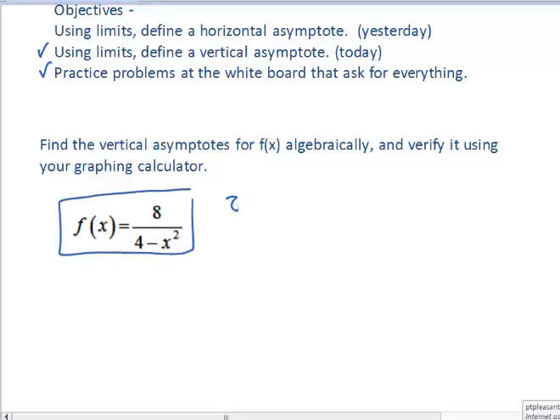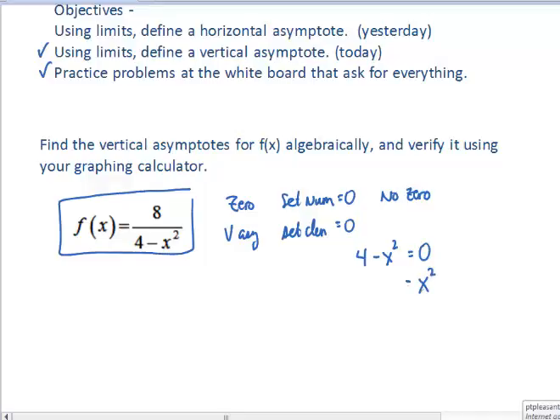For instance, if we wanted to find the zero of the rational function, we would set the numerator equal to 0, and in this case, there is no 0. We would then find the vertical asymptotes by setting the denominator equal to 0. In that case, we'd be solving the problem 4 minus x squared is equal to 0.